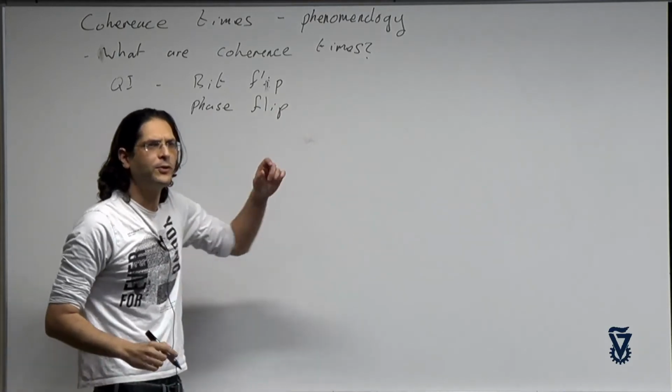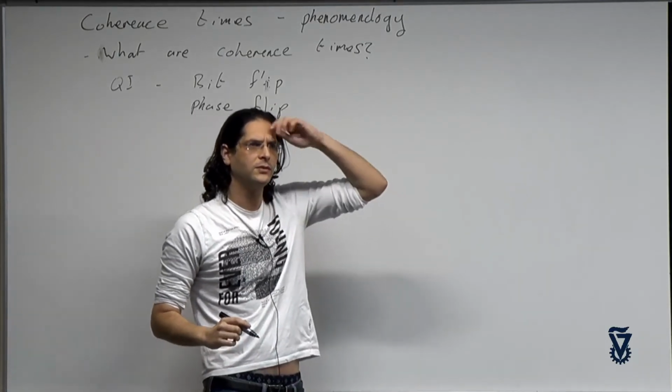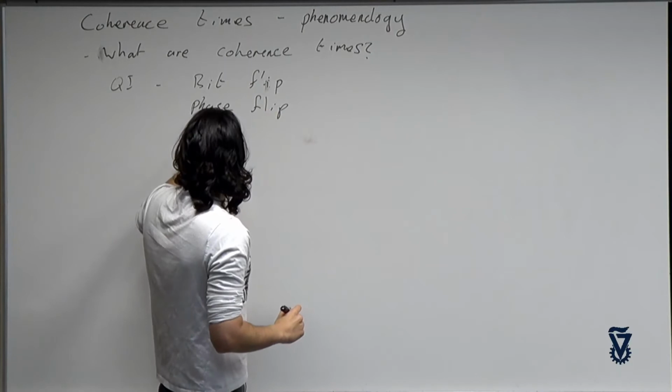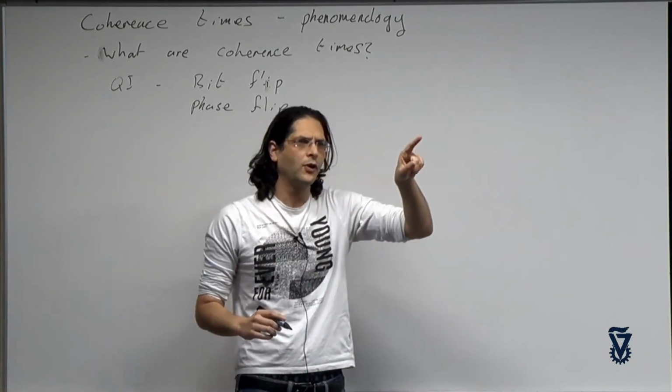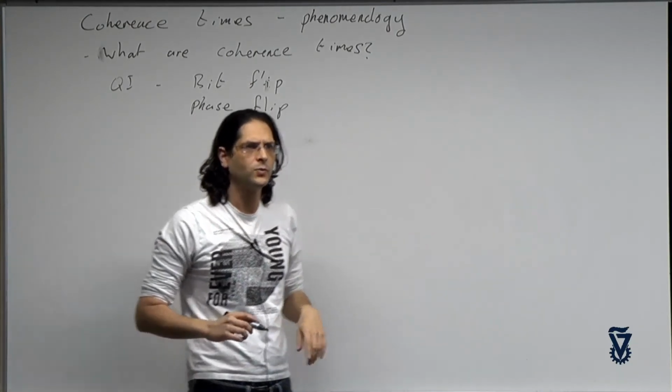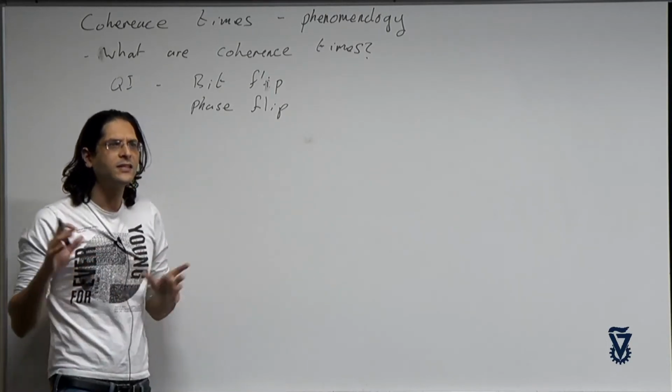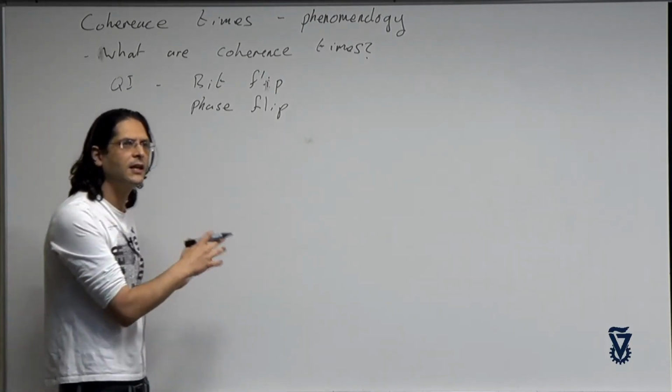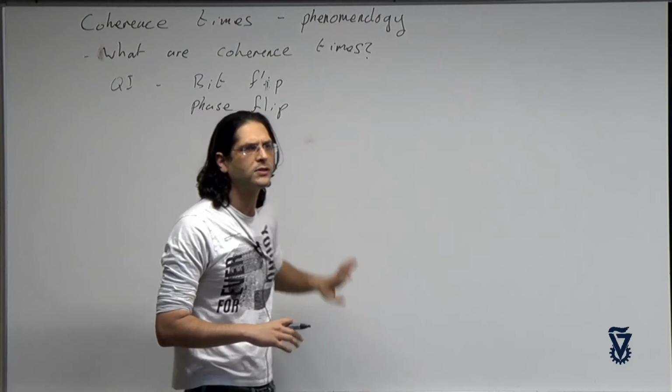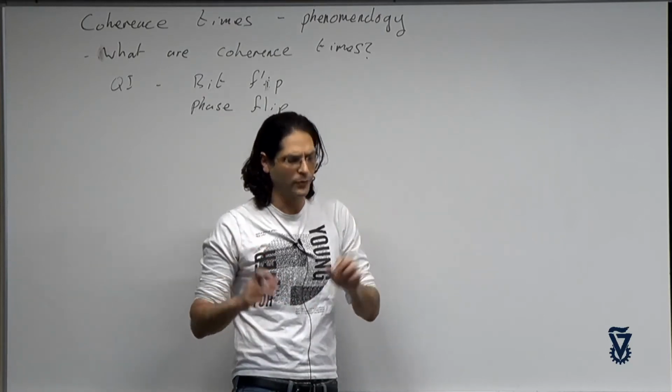A bit flip would take you from 0 to 1 and from 1 to 0. And a phase flip will take you from, let's say, 0 plus 1 to 0 minus 1. Any errors and any coherence times can generally be mapped onto those two processes for a single qubit.